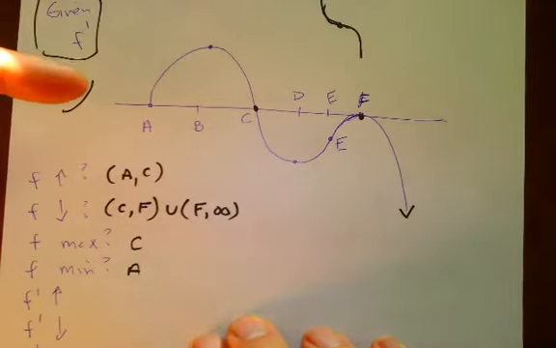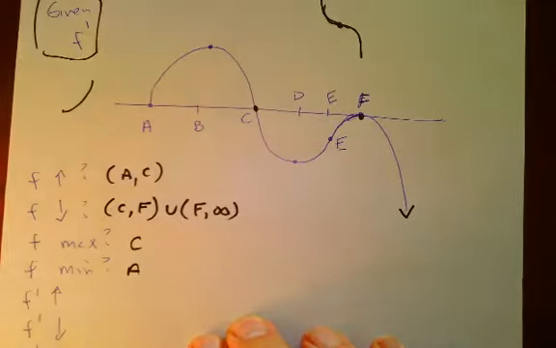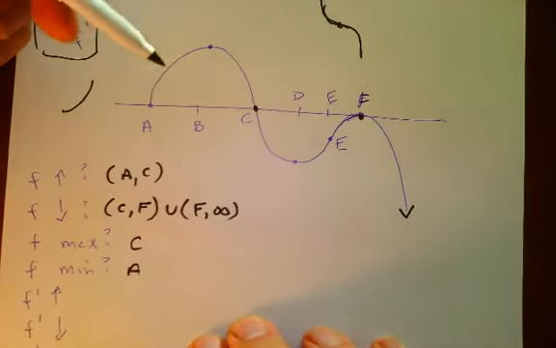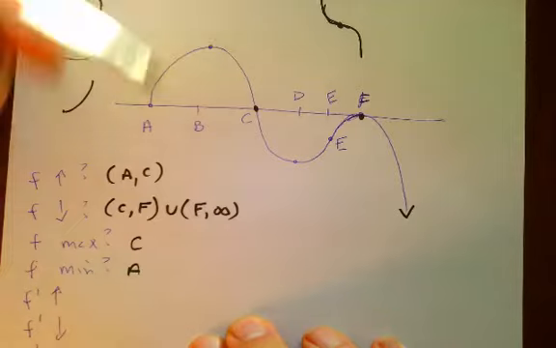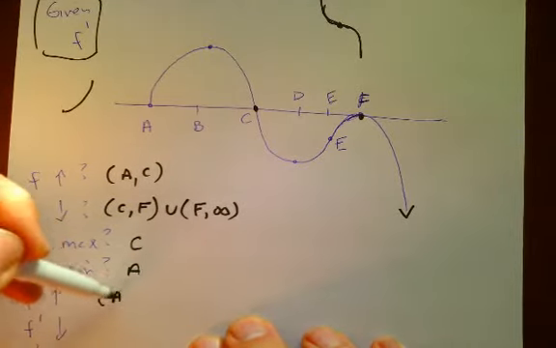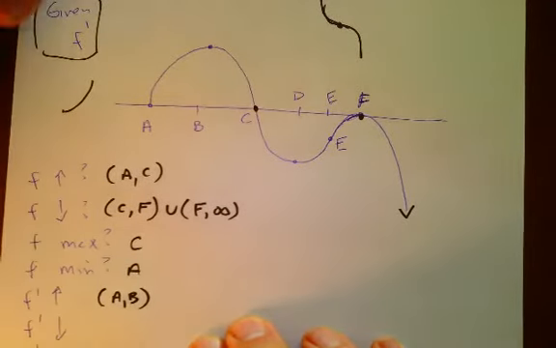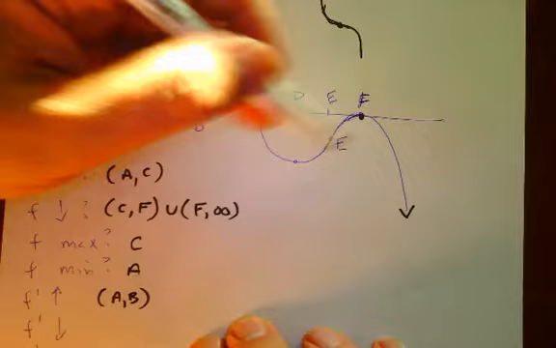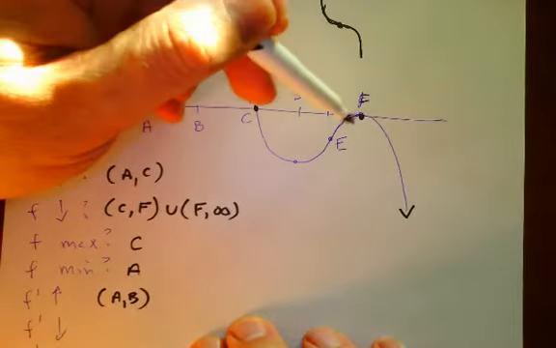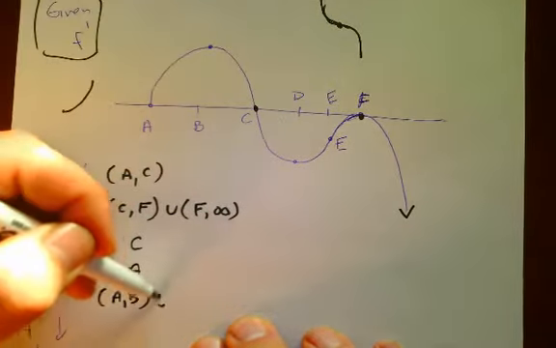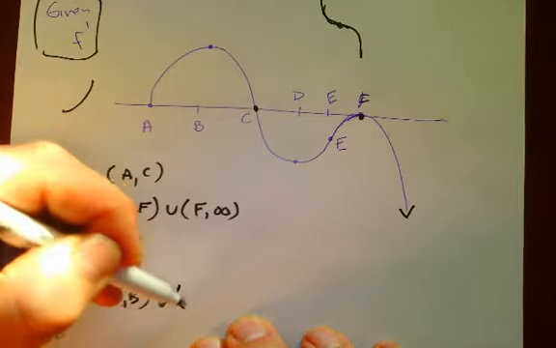Okay, let's go further. F prime increasing. Well, now they're asking me about f prime, and that's actually the graph that I'm looking at. So I'm going to look at the graph and ask, when is the graph that I'm looking at increasing? And that graph seems to be increasing from A to B. Are there any other places where this graph is increasing?